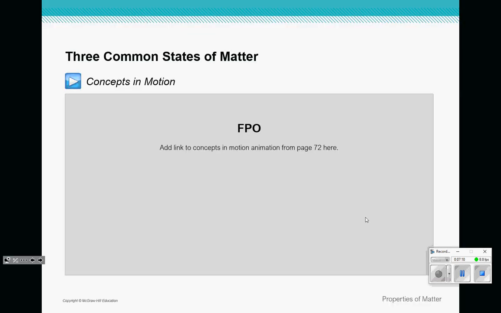So you saw in that video that there was one more state of matter that they introduced, and that's plasma. And plasma, basically, it's so high and energetic that all the electrons are stripped away from the atom itself, that it's in a whole different high energy state of its own.